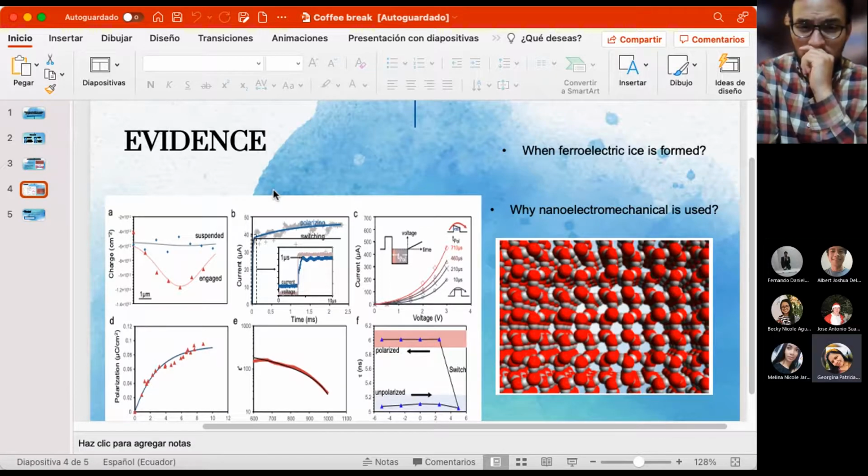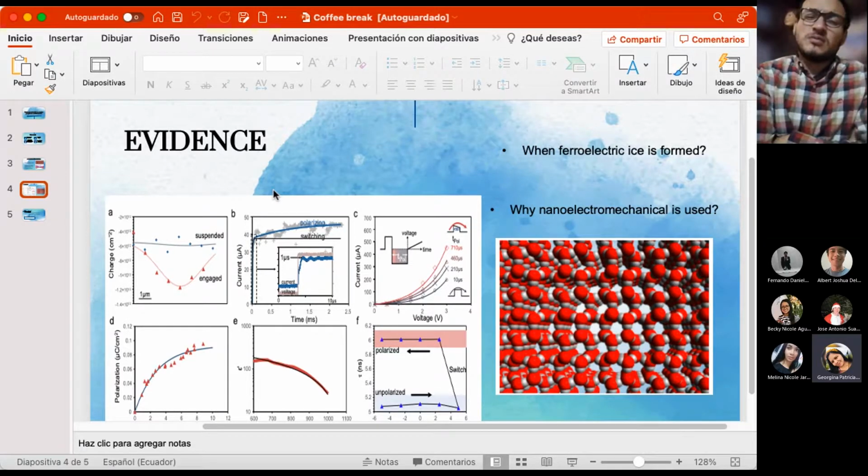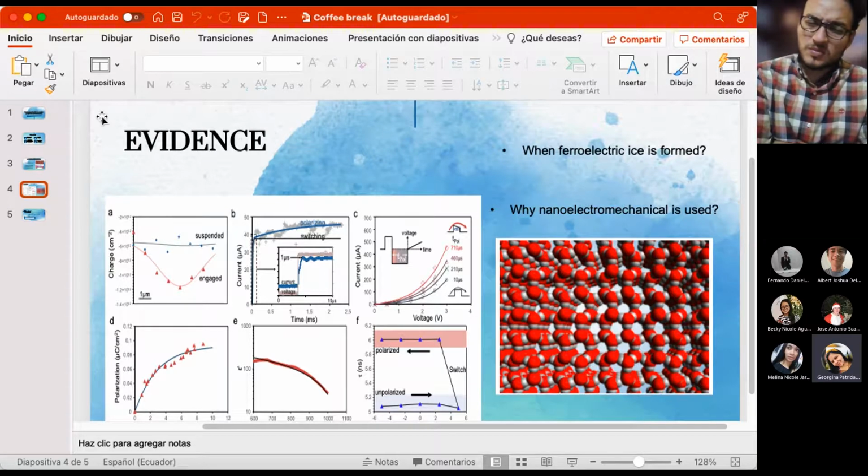Yes, I understood that I only show the different polarization conditions.